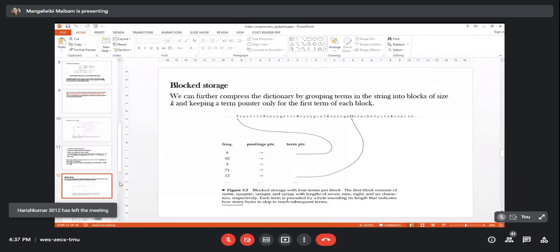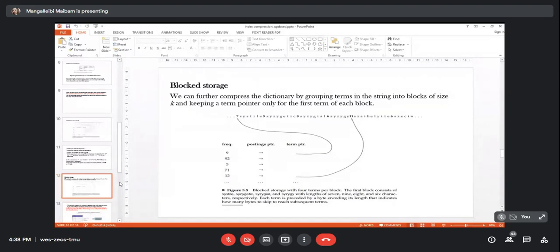In block storage, we compress the dictionary by grouping terms in the string into blocks of size k, and keeping a term pointer only for the first term of each block. So when you have 5 blocks, there will be only 5 term pointers, and inside a block you may have some number of terms, such as 5 or 4 terms.